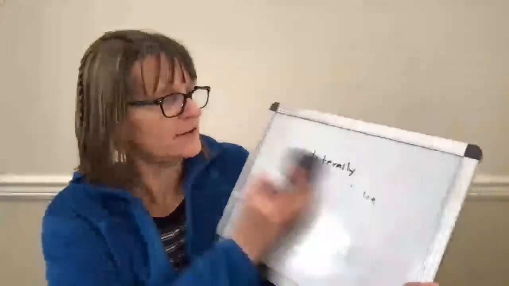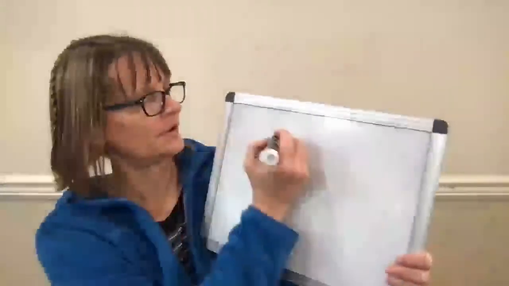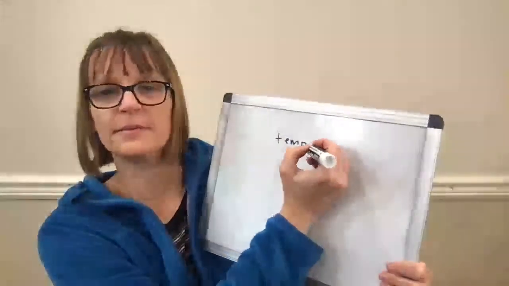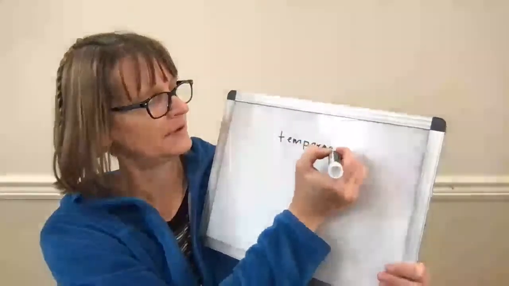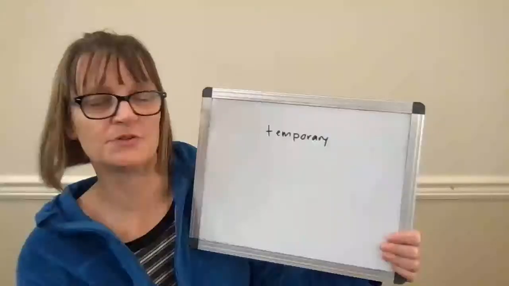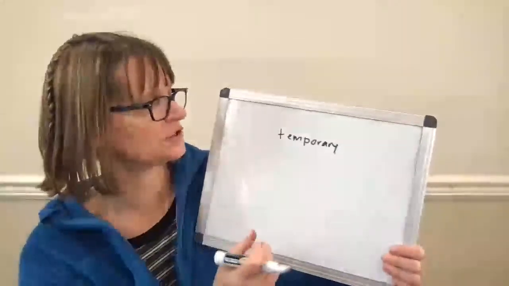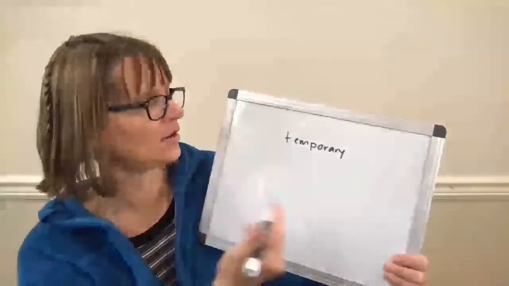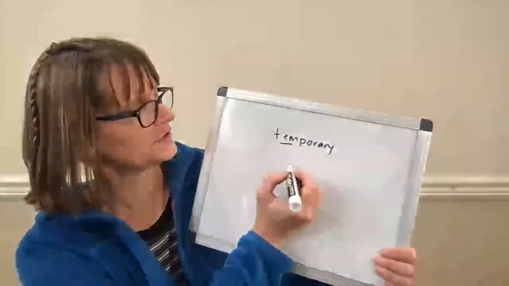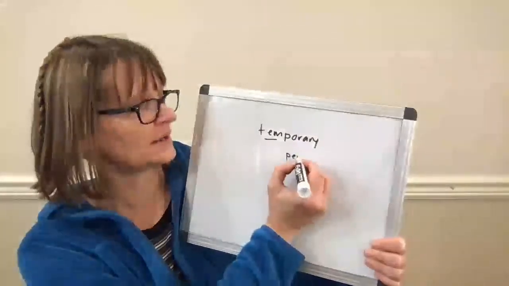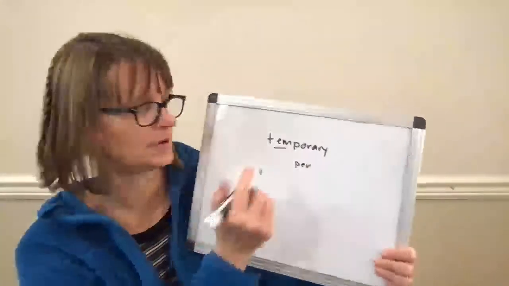Temporary and inevitable. For temporary, British English, I think they might leave this or out and do temporary, like reduce it down to two syllables. We tend to do temporary, all of the syllables. So first syllable stress, tem. The OR is an ER sound, temper.